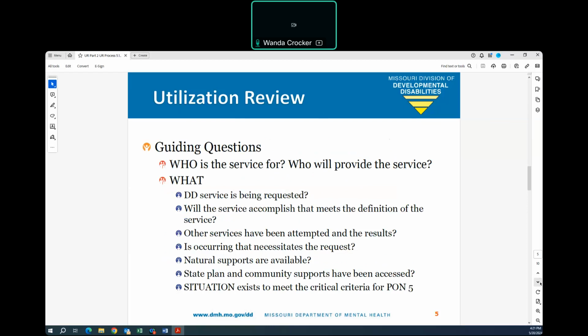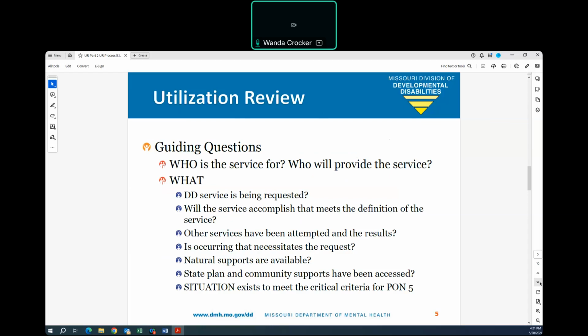So as a support coordinator, when you are developing your utilization review packet, it's really helpful to go back to some of the basics of what we were taught about how to write a story in grade school: the who, what, where, when, how, why, and how much.